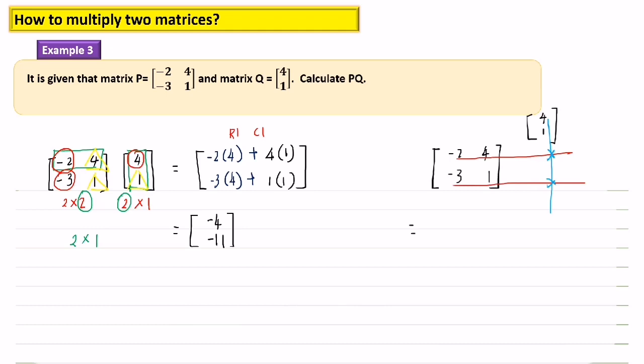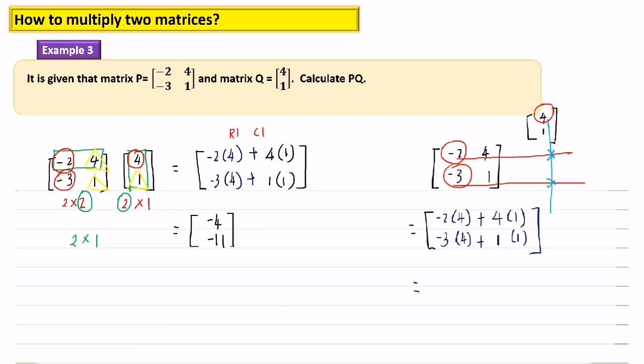Okay, so what is the answer? Negative 2 times 4 plus 4 times 1. The second row, negative 3 times 4 plus 1 times 1.